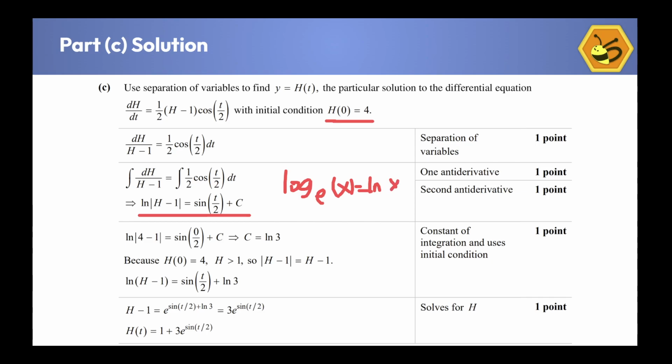So I can change it to exponential form, by e to the power of this entire right side. So this is the particular solution. So h equals 1 plus 3 e to the power sine t over t.